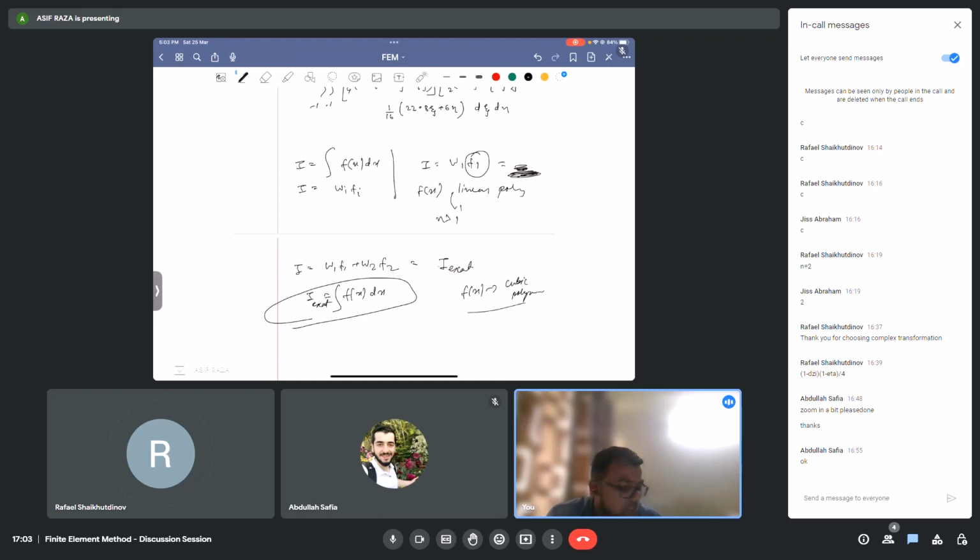If it is greater than cubic, we won't get an exact value, we'll get an approximate value. If it is less than this, we'll get an exact value. Correct me if I'm wrong, Abdullah.